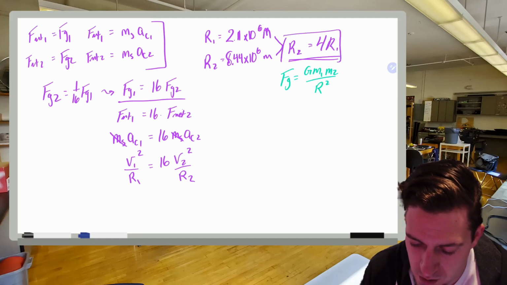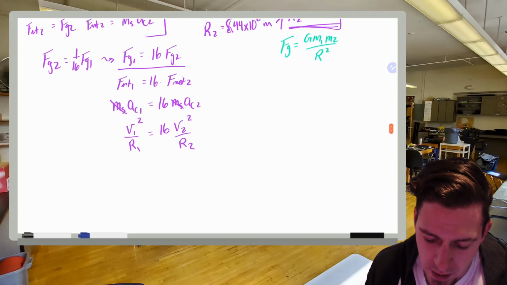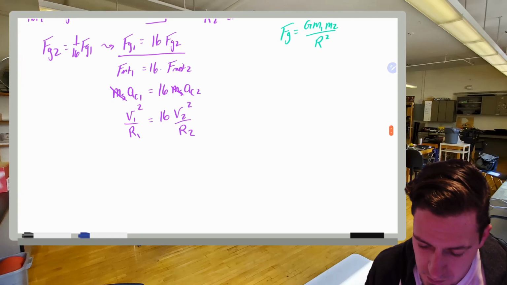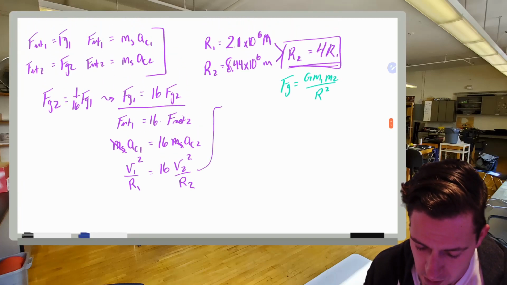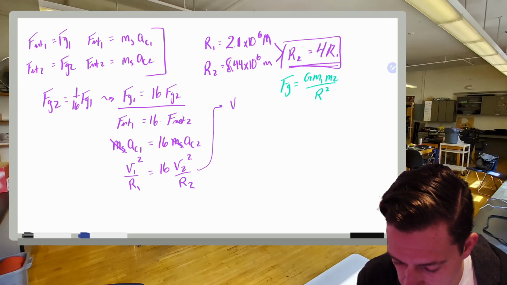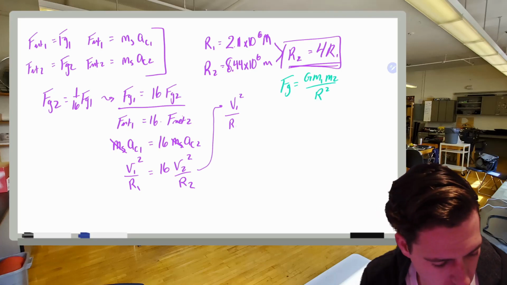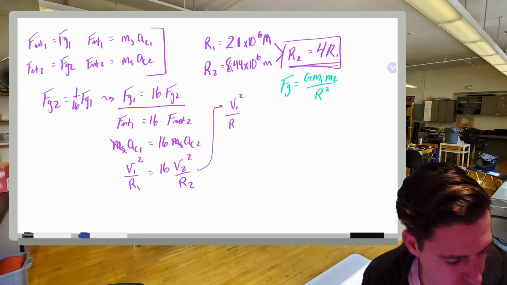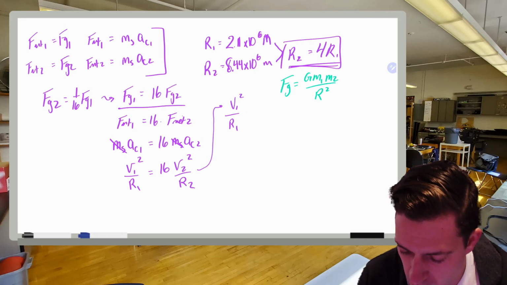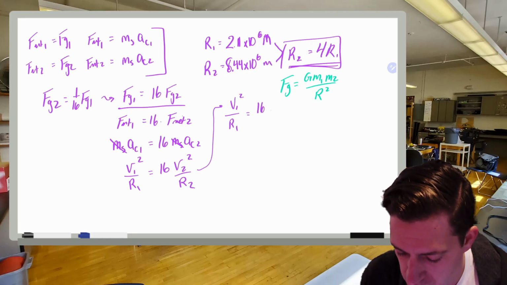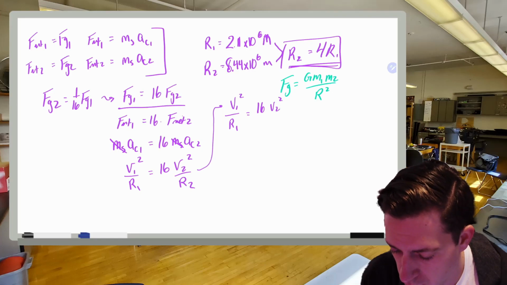I know that R2 is actually 4R1, so I can also write this. I'll just take this work up to here. I can write this as V1 squared over R1, and then this is 16 V2 squared over 4R1.